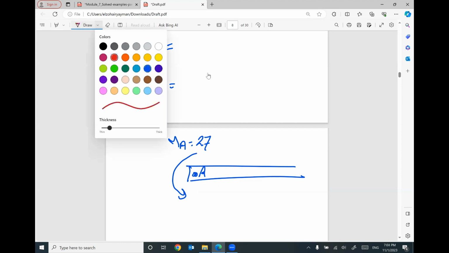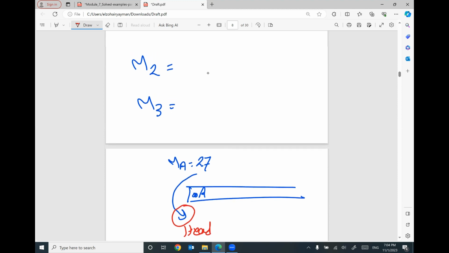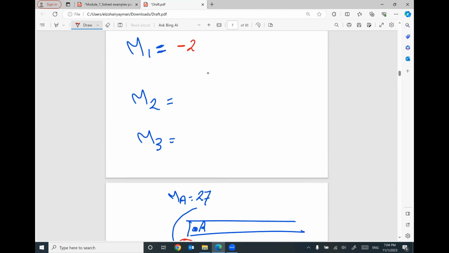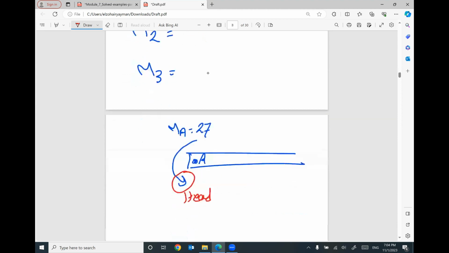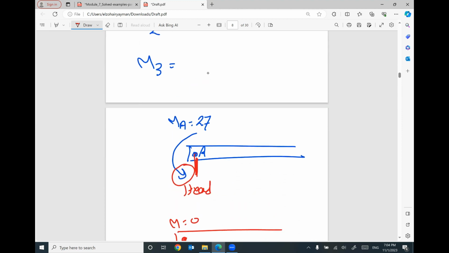And the arrow head of this arrow is down. So your value will be negative 27. Negative means down. If at the start of the beam we are not given anything at this end, your moment will be 0. But in the case you are given a moment as a reaction or given moment, we have to follow this value.